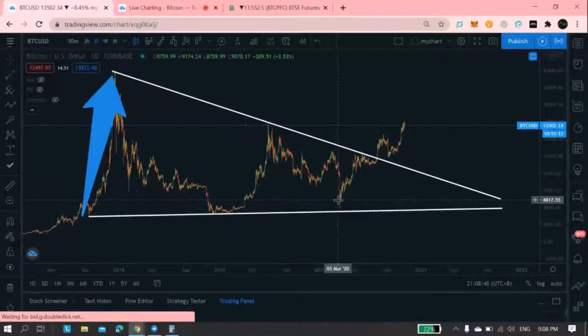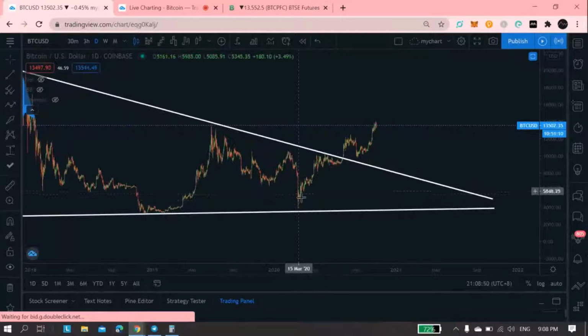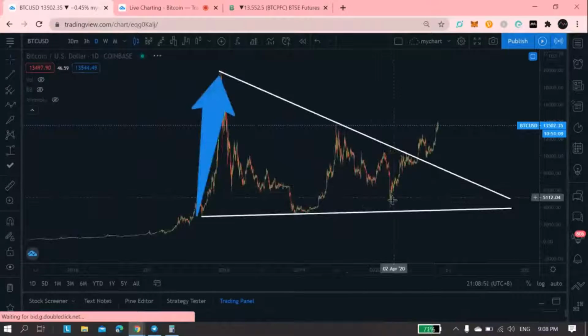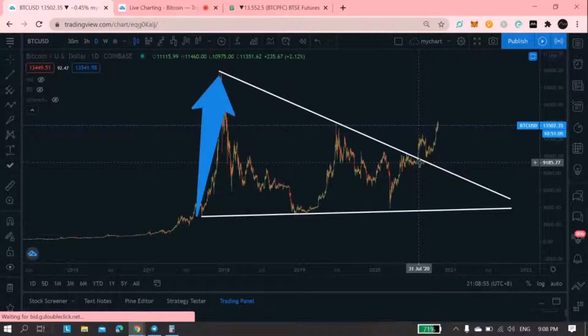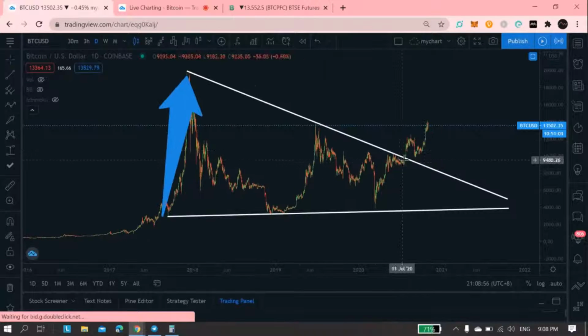During the coronavirus it also dumped, and now it breaks this long-term resistance area.